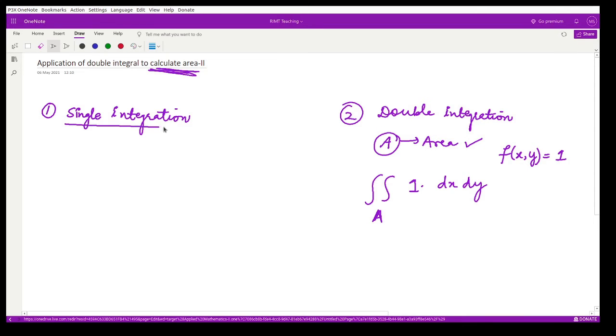And using single integration, you are taking the integration of the upper curve minus the lower curve.